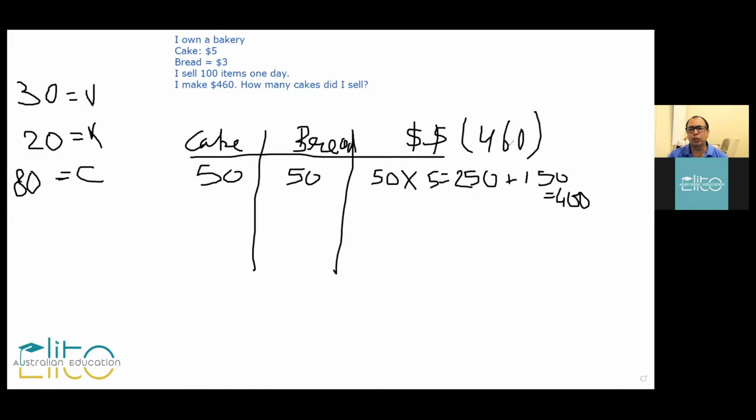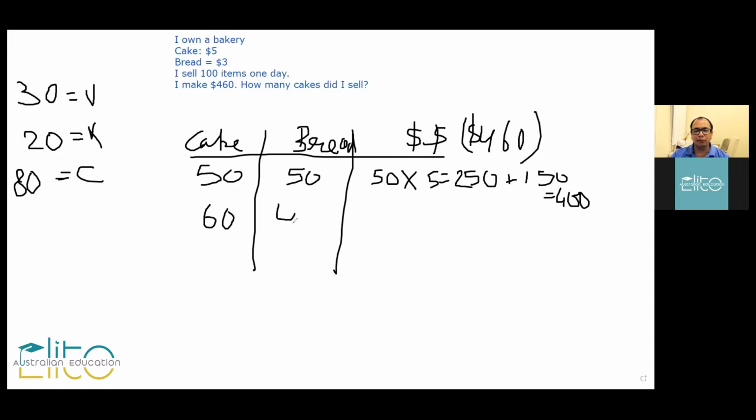I have to make $460. So I will increase the number of cakes out here because cakes are more expensive than breads. How much should I increase it? Again, I have absolutely no idea. So I'll just increase it by a little bit.